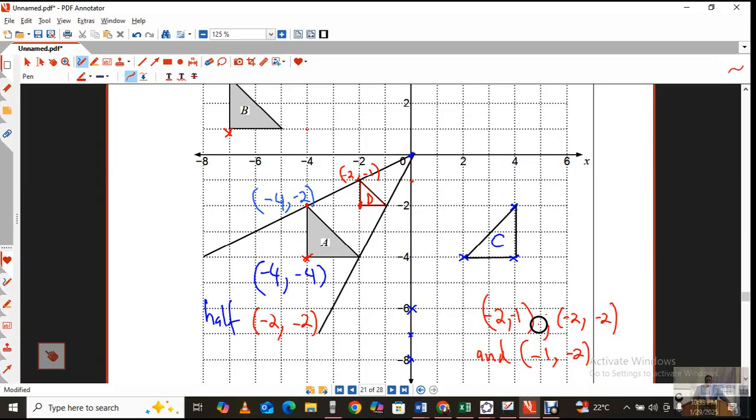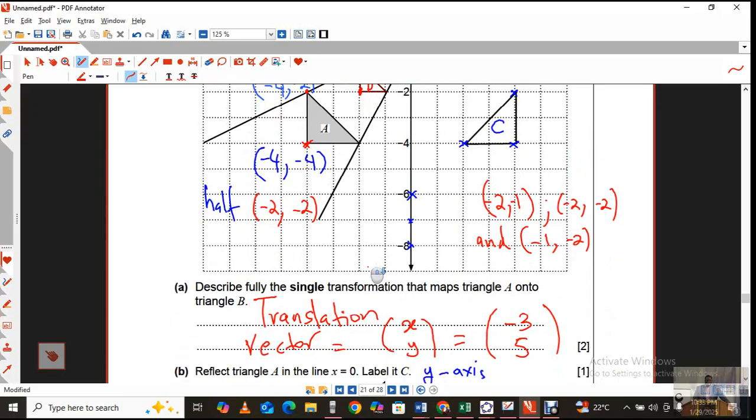They are all in the third quadrant. Everything is negative. Plotting those points, then you draw it, and then you have it. Don't spend too much time on that. Good.